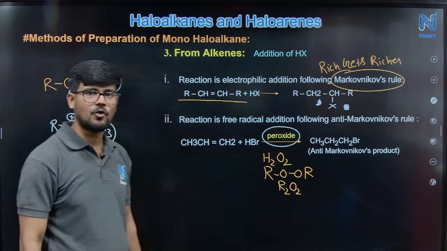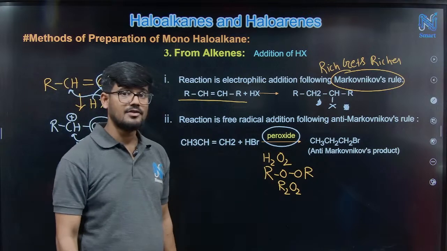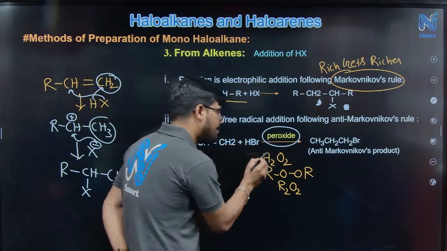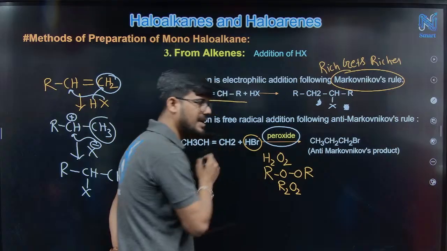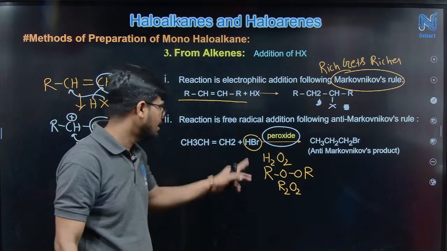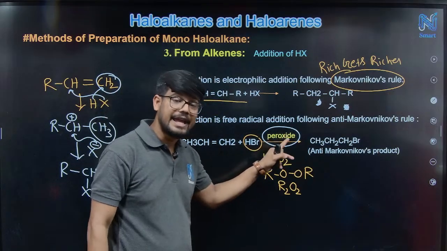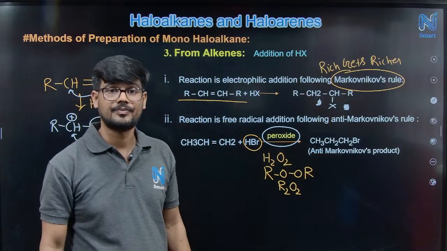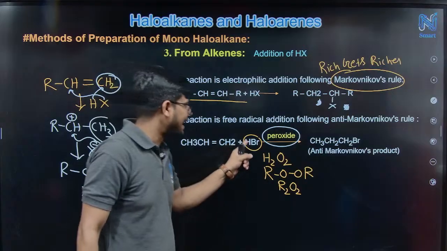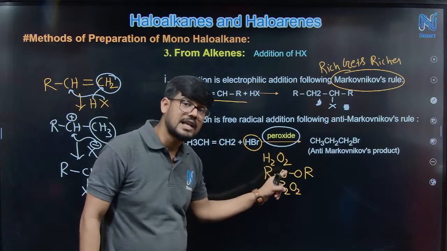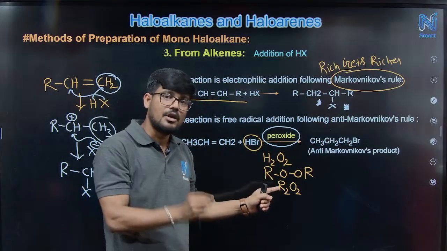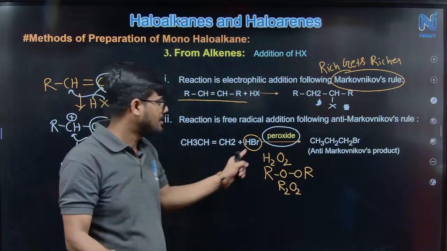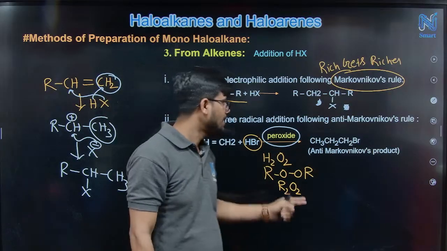This is the general form. Remember, in presence of peroxide and HBr, both are mandatory. HBr in presence of peroxide, only then will you get the Anti-Markovnikov product.